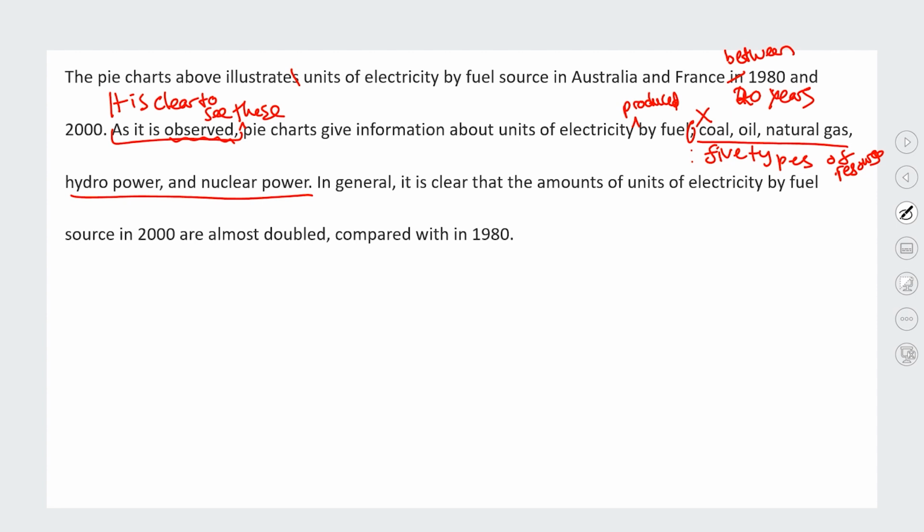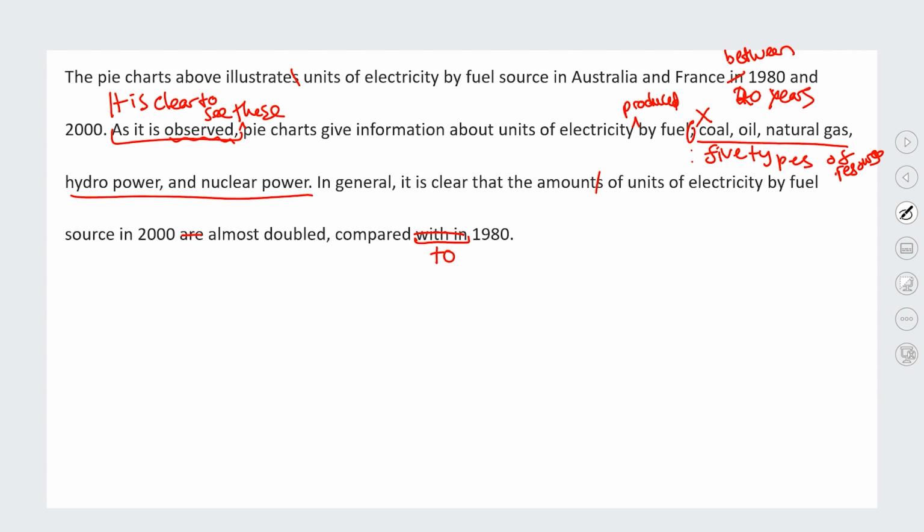So we go, "in general, it is clear that the amount of units of electricity by fuel source in 2000 almost doubled." So instead of "within 1980," which is not right, it should be "compared to" because you're comparing to something: almost doubled compared to 1980.